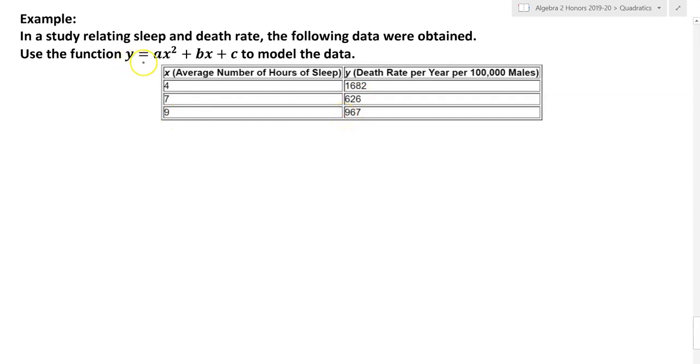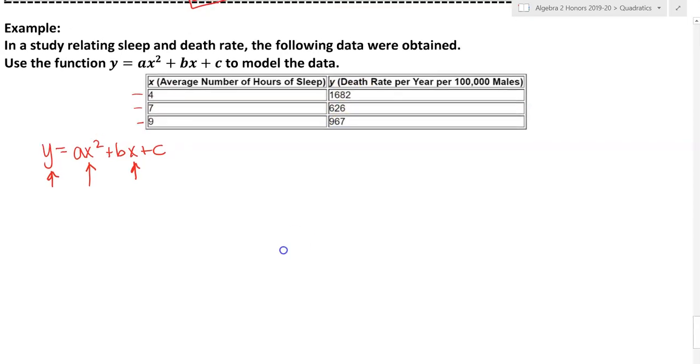And if you look at the quadratic, we know x and y. What we don't know is A, B, and C. But because we have 3 different ordered pairs, we are going to be able to find A, B, and C by plugging in 4 for x, 1682 for y, and then do that with our other corresponding ordered pairs.